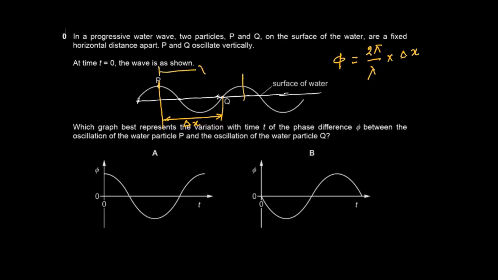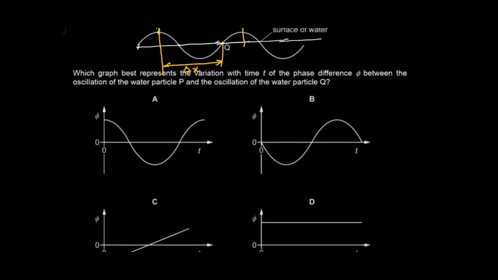So here we observe that 2 pi is constant, lambda is constant, and delta x is also constant. It is independent of time. So the phase difference between the 2 points is independent of time. It will remain constant at any time.